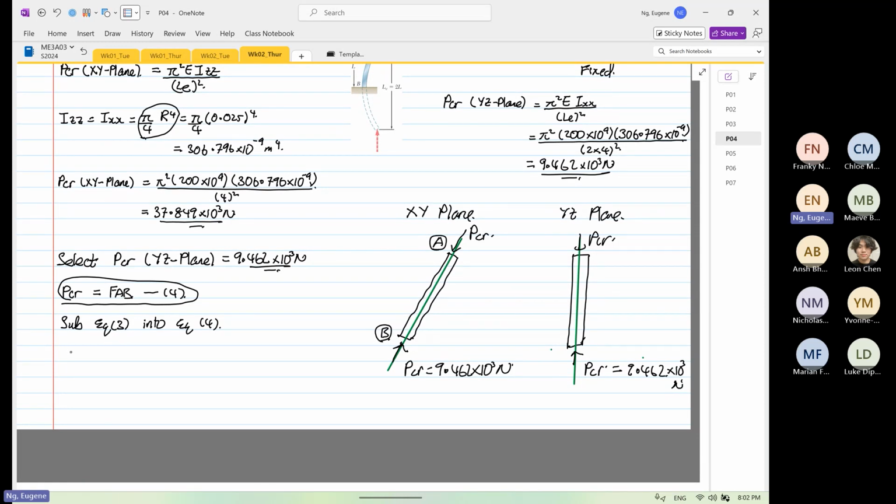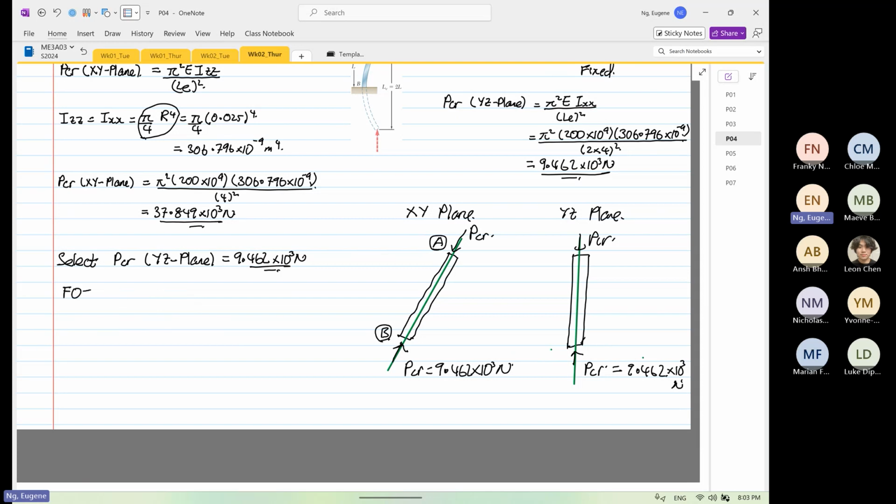We select it to be 9.462, so 9.462 or PCR is equal to FAB. But sorry, we still cannot use this. Can you all get rid of this expression over here? My apology, because there's a factor of safety.